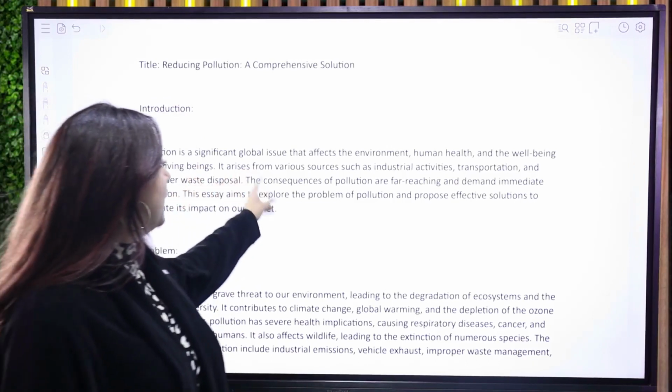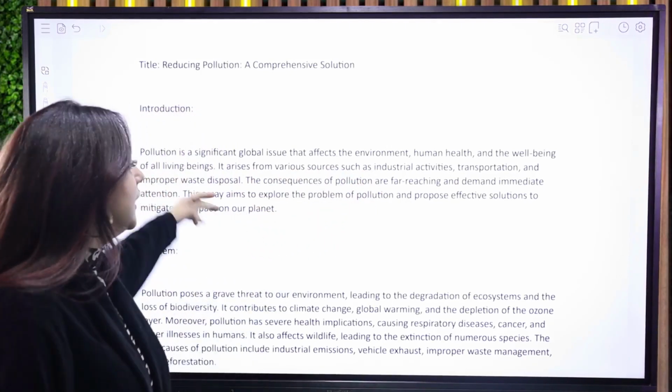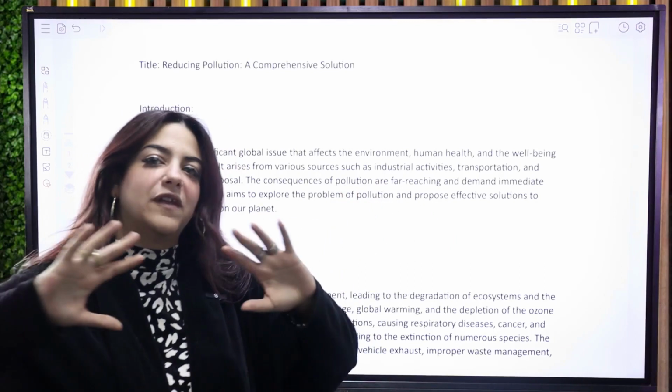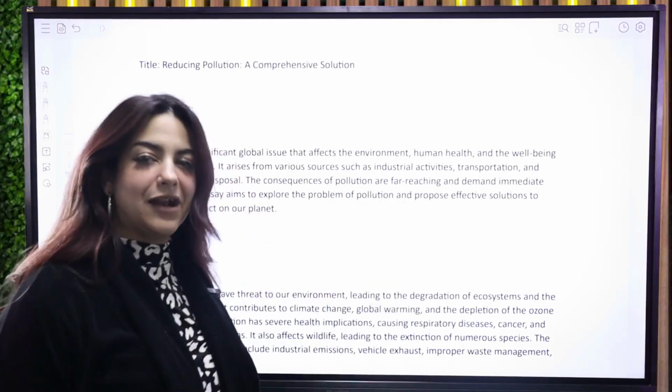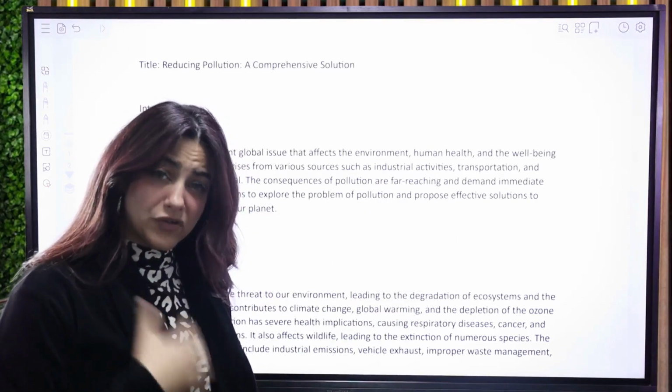It arises from various sources such as industrial activities, transportation, which actually releases car fumes, maybe, or the gray fumes, the smoke that creates the gray sky, and actually affects our respiratory system.